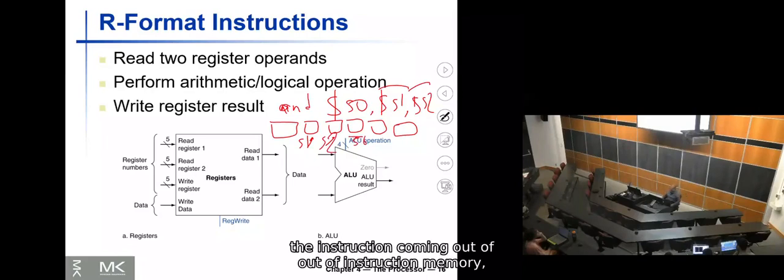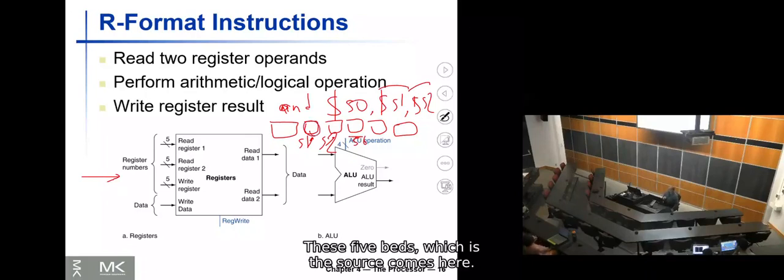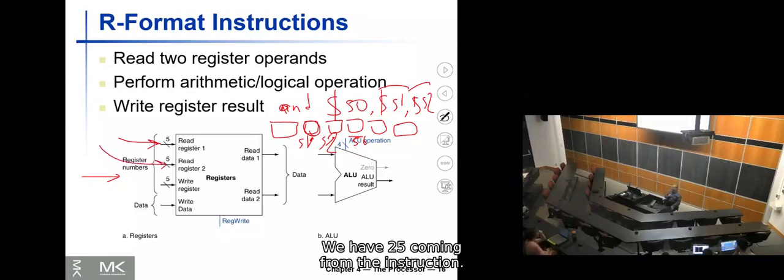The instruction coming out of instruction memory, which we have seen in the previous slide, is 32 bits. These 5 bits, which is the source, come here. The next 5 bits, which is the next source register, come here. We have two 5-bit fields coming from the instruction. These two will determine the read registers that we want.